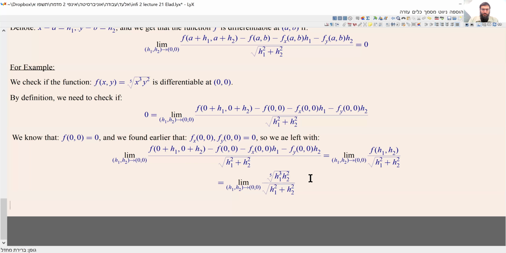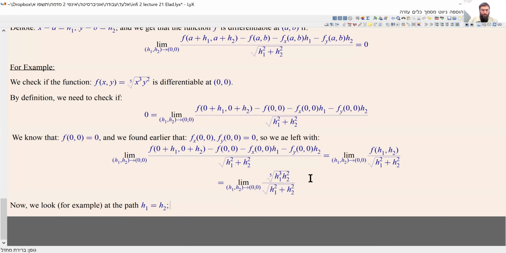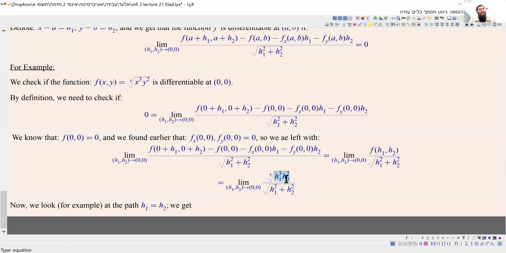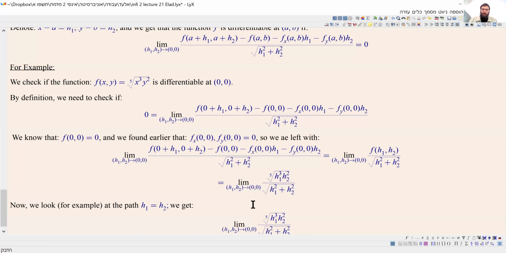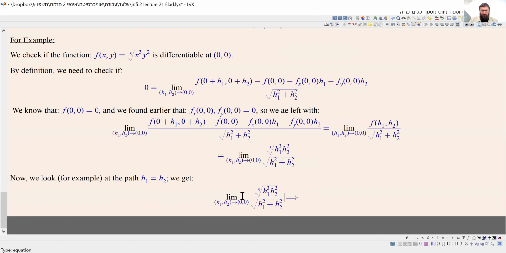For example, now we look at the path where h1 is h2. I mean, if you take the path h1 is 0 or h2 is 0, the numerator will be 0 and the limit is 0 as well, which is not good. I want to disprove the fact that the limit is 0. So our limit becomes the following limit.